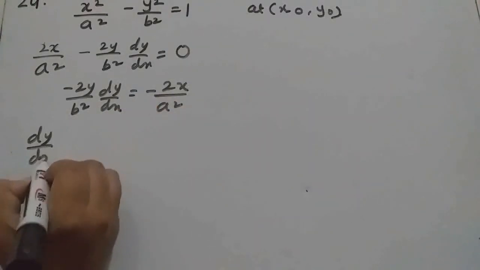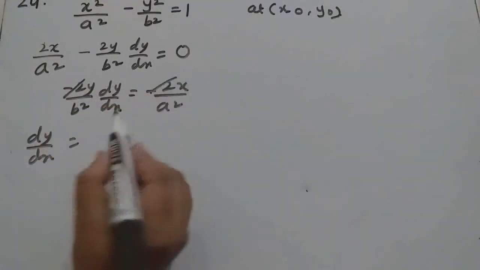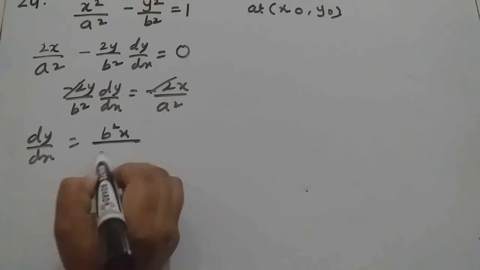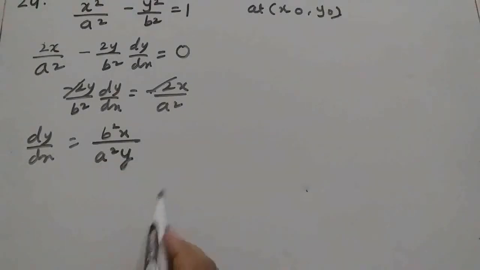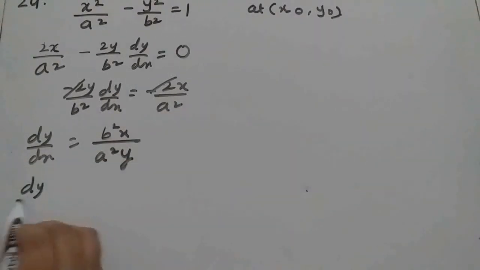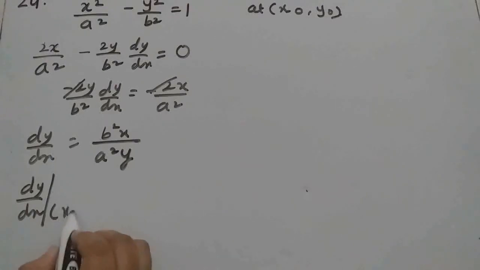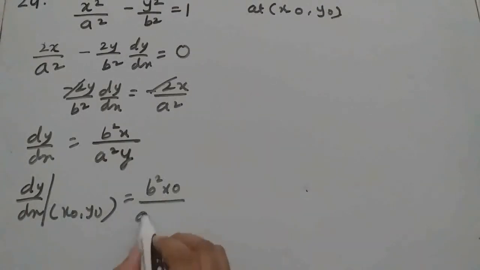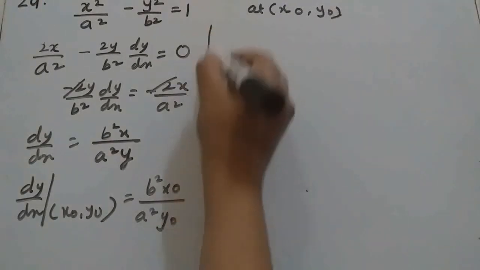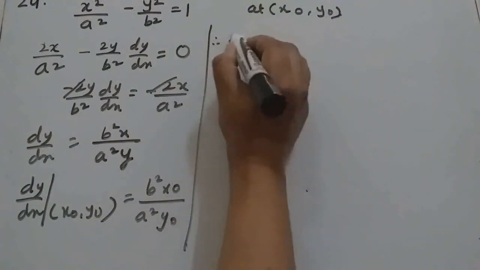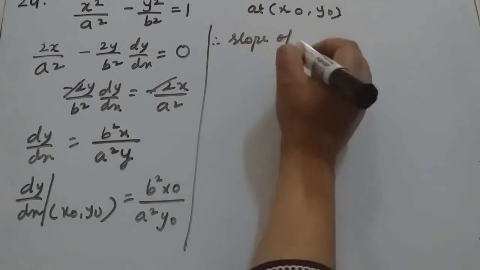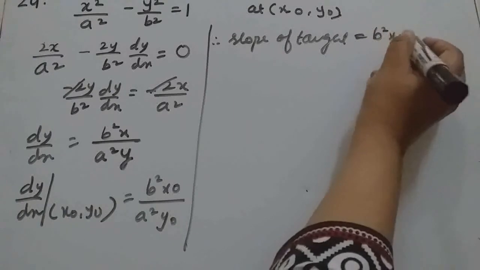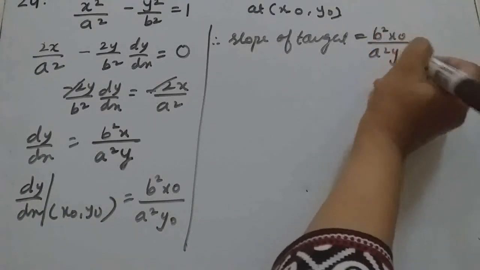So dy by dx we can write, this minus 2 will go, so we can write b square x by a square y. At this point, dy by dx at x0 y0 will be b square x0 by a square y0. This is the slope of the tangent.